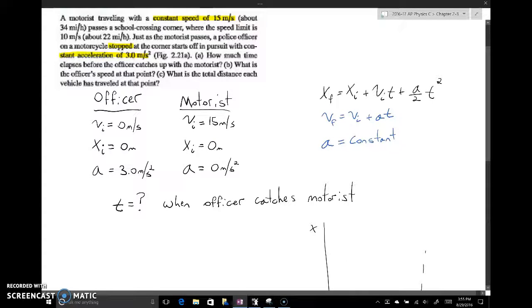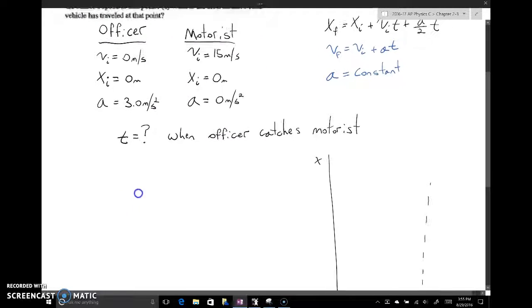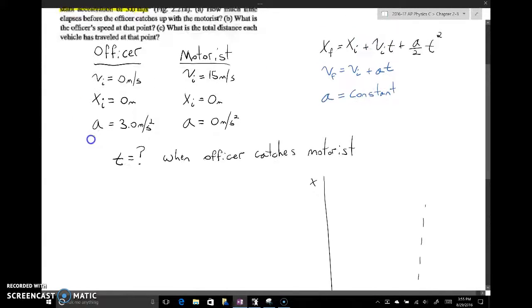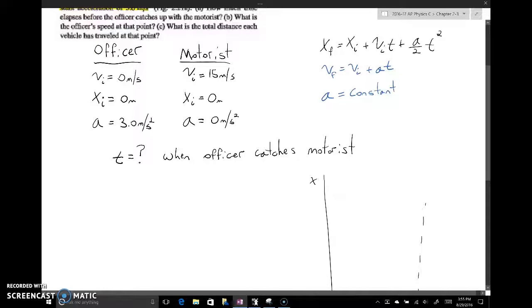So it says, how much time will elapse before the officer catches up with the motorist? Catching up means when will he have the same position as the motorist. So what we're going to do is create two position equations, one for the officer and one for the motorist. So the officer's final position is equal to 0 meters initial position.